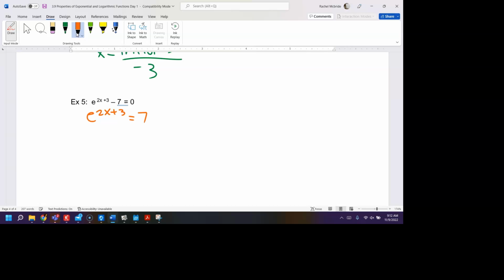So you have to isolate your e and then ln. We're okay solving all of that and doing all our properties? Yes.